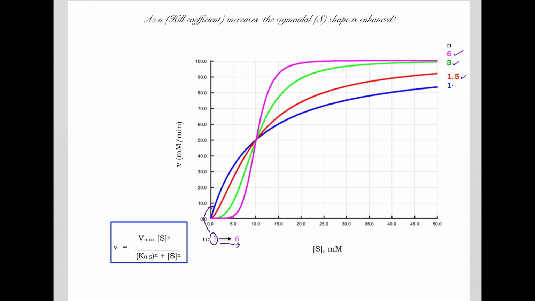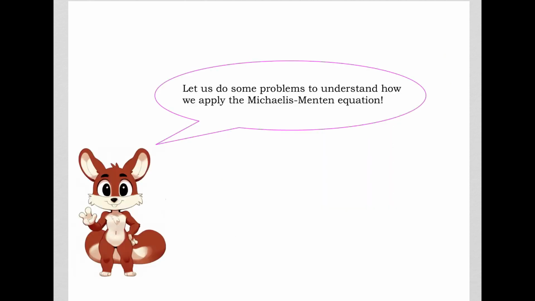And you can see as the n increases, the S shape becomes more prominent. Okay, so that's a little bit more about the sigmoidal curve compared to the hyperbolic or Michaelis-Menten curve.